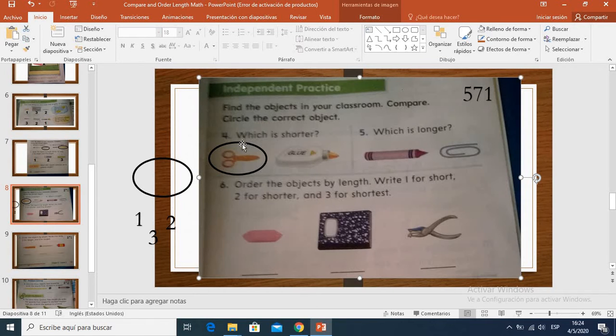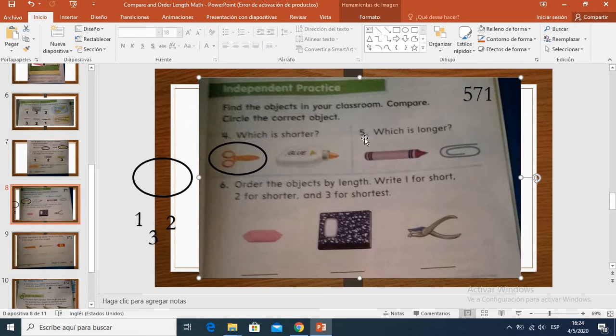Oh, something important, remember, you draw circles from top to the left, never from the bottom. If you draw circles from the bottom to the top, incorrect. No, we draw circles from the top to the left.